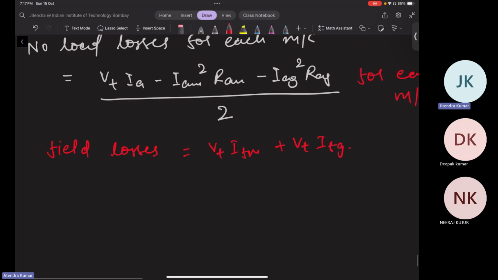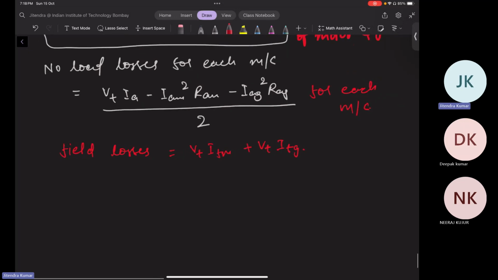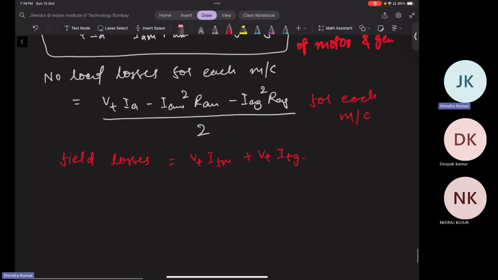Now the total losses. The objective of this test is to find the efficiency of individual machines. So now the efficiency of the motor we can compute from output by input. In the motor we know the input, right?